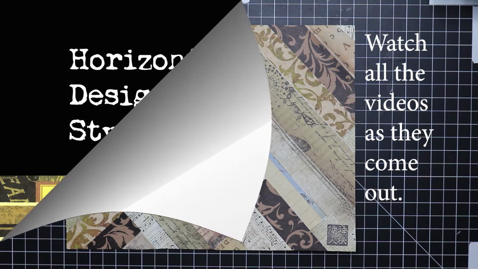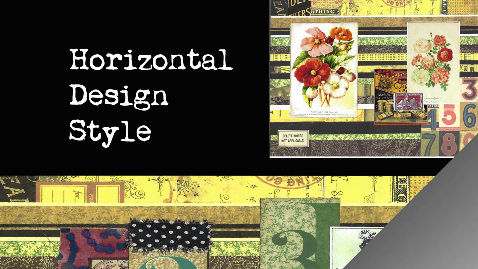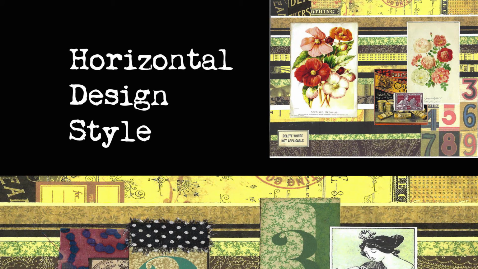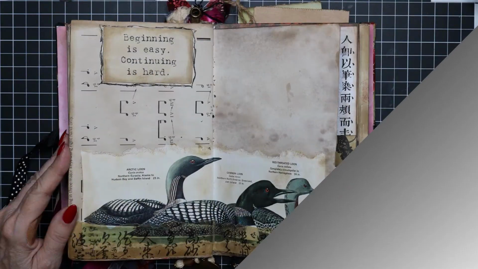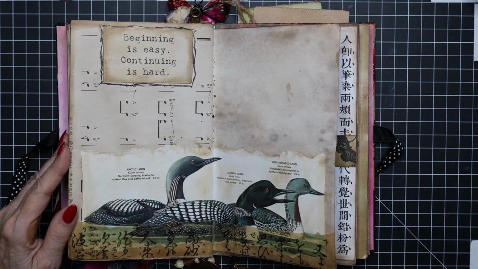Now, because I didn't have very many examples in the junk journal world to show you of horizontal design, I had to kind of pull back and go through some of my own previous work. So I've pulled out a few examples from some of my junk journals that I did last year. And this first one, if you notice, there's decks in a row, along with a line of washi tape below that goes clear across the page.